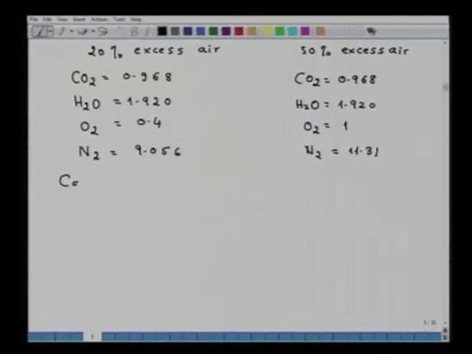Now, suppose I consider Cp equal to A plus 2Bt and calculate the adiabatic flame temperature, say for example first for 20% excess air.